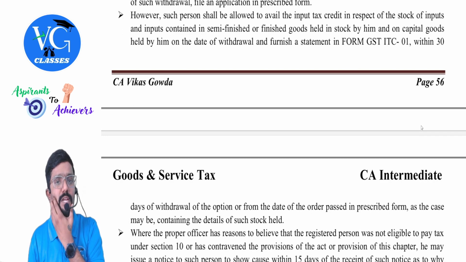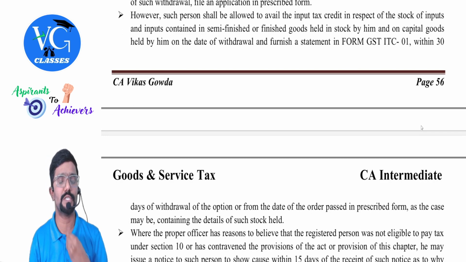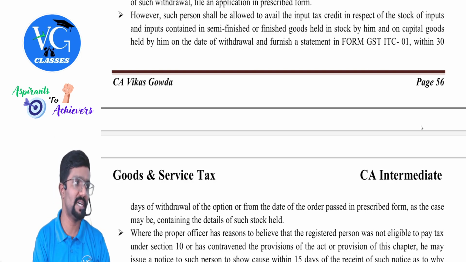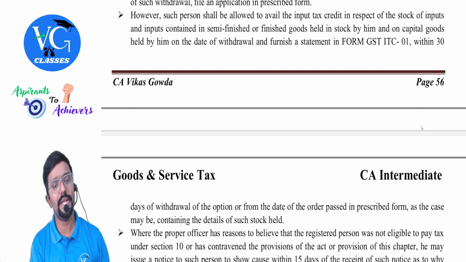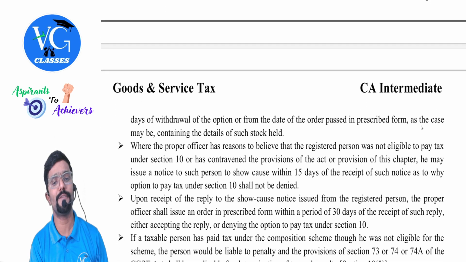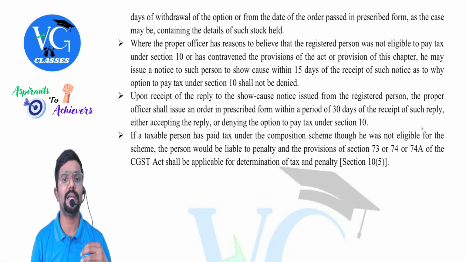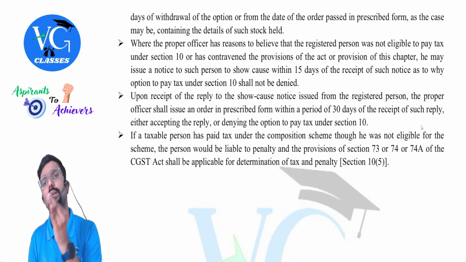However, such person shall be allowed to avail the input tax credit in respect of the stock of inputs and inputs contained in semi-finished or finished goods held in stock by him and on capital goods held by him on the date of withdrawal and furnish a statement in form GST ITC 01. ITC stands for input tax credit. Within 30 days of withdrawal of the option or from the date of order passed in the prescribed form, as the case may be, containing the details of such stock held.